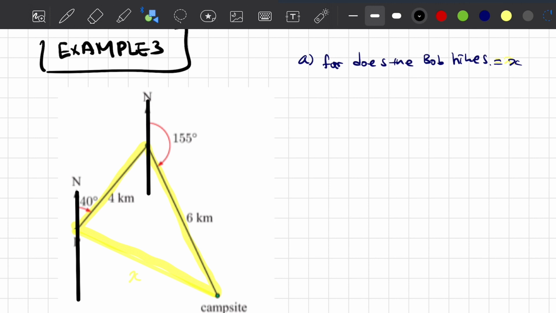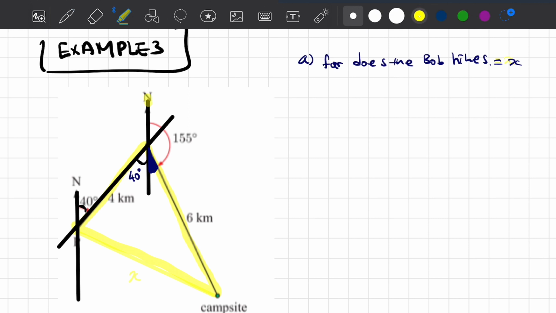That means if I draw another line here, this angle is the same as this angle. Then if we identify the remaining angle, we can identify one of the angles within the triangle.